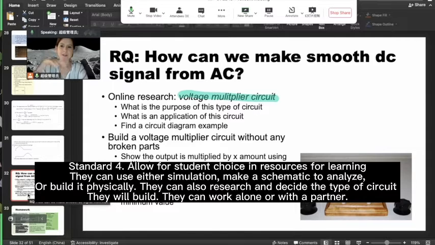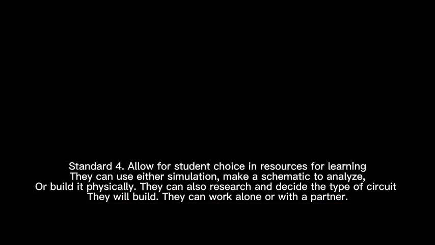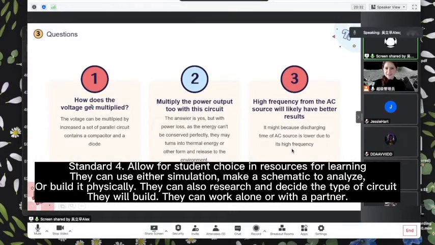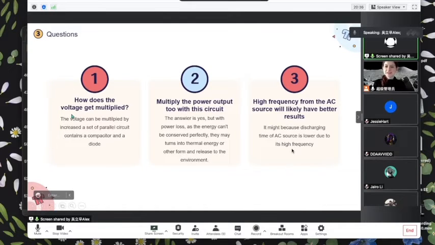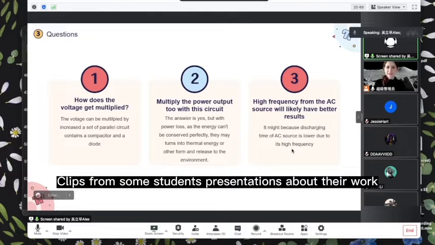Transformers can increase voltage, and we can use capacitors to do this too. As we saw before, it is a set of parallel circuits, each containing a capacitor and a diode, in series with the other parallel circuits.